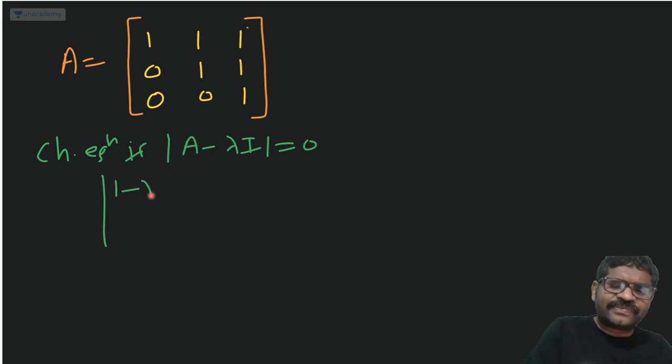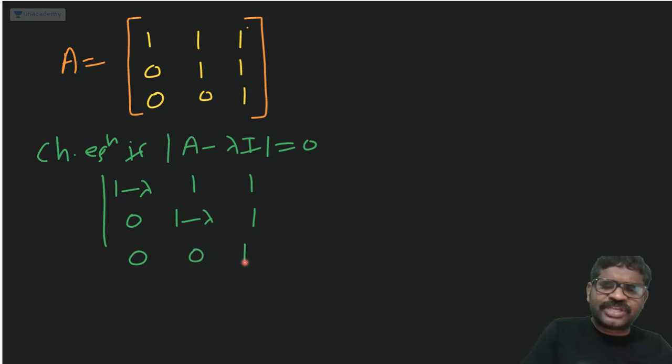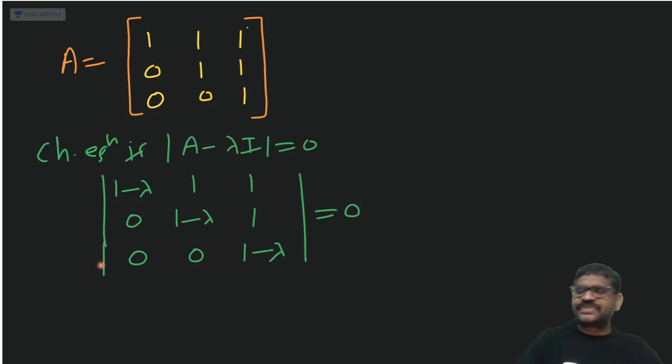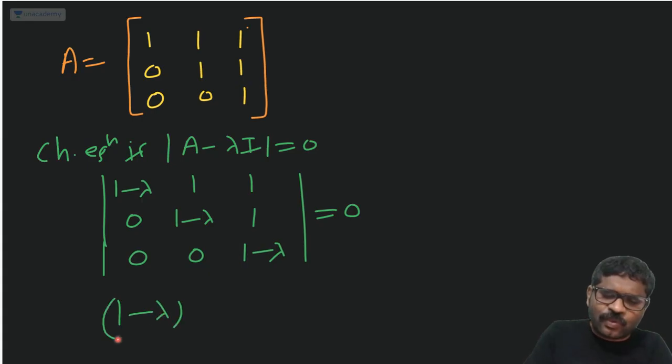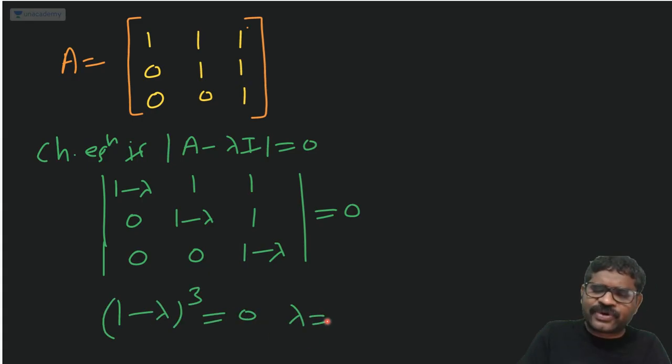That is, determinant of 1 minus lambda, 1, 1; 0, 1 minus lambda, 1; 0, 0, 1 minus lambda equal to 0. Without calculating, you can directly say by taking the principal diagonal elements, because your matrix is triangular. 1 minus lambda whole cube equal to 0. Therefore, lambda equal to 1, 1, 1.